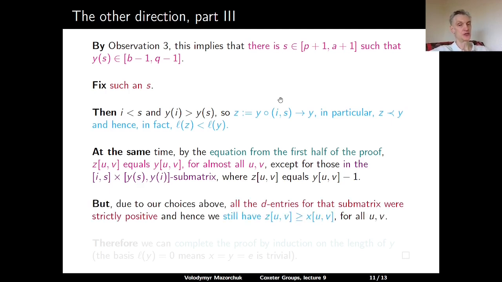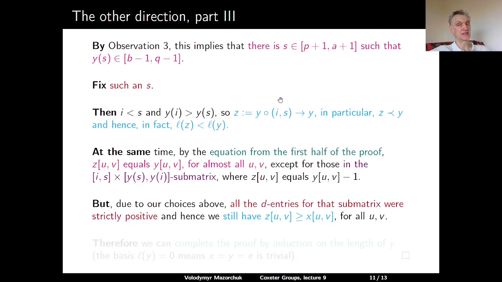But due to our choices, all the d entries for that submatrix were strictly positive, and so we will get that all entries for that will be weakly positive, which means that z_u,v is greater than or equal to x_u,v for all u, v.